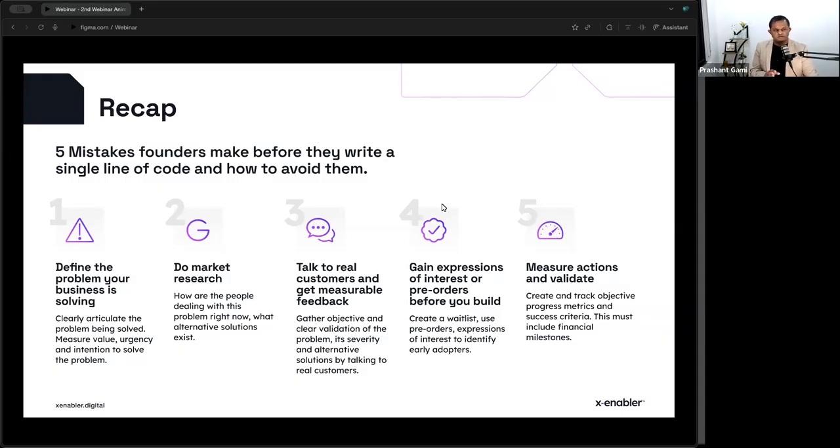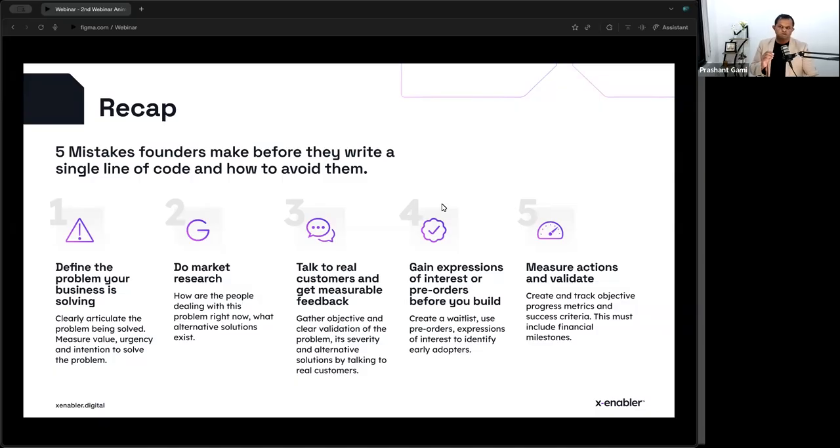So the 5 steps that we discussed in the previous webinar is that before you start building anything in your business, you should be defining the problem that your business is solving. Not your solution, not the product, but what is the business problem? What is the problem that you are solving for your users?